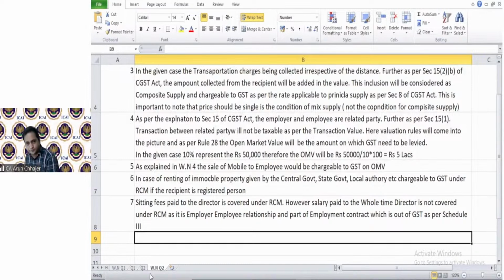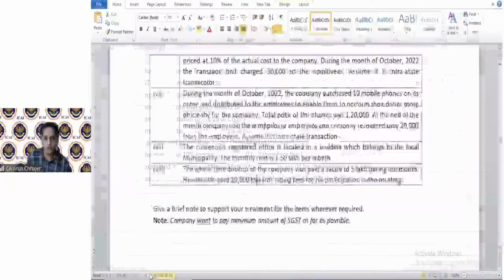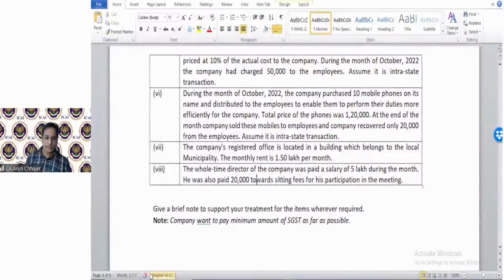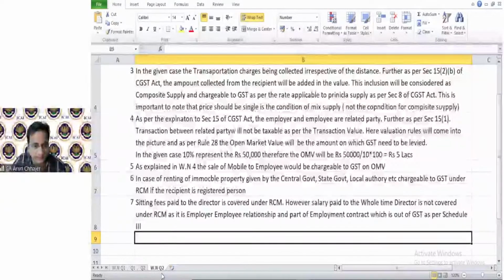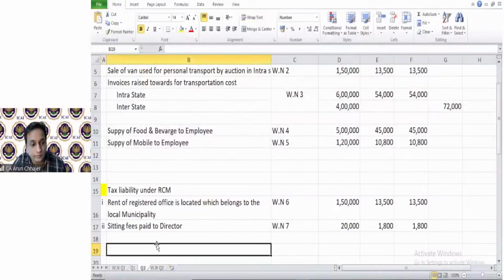Fine. Shall we move now? So now the question we have completely discussed. Now calculate the total tax liability. How much is the total tax liability on outward taxable supplies?